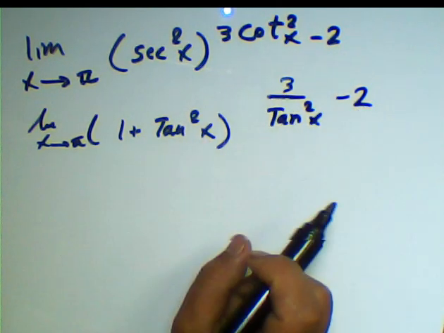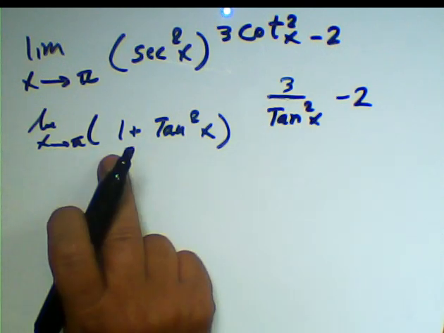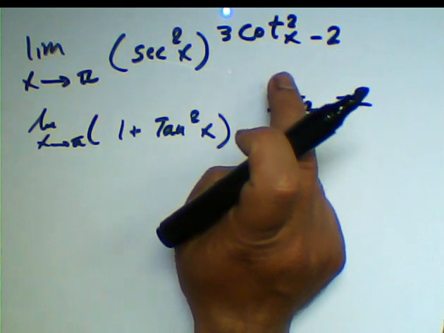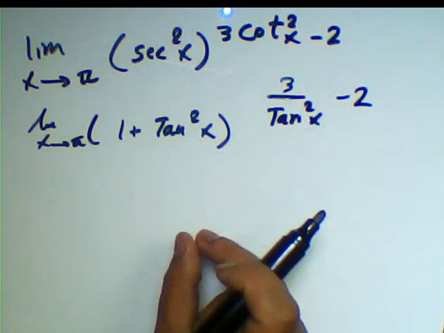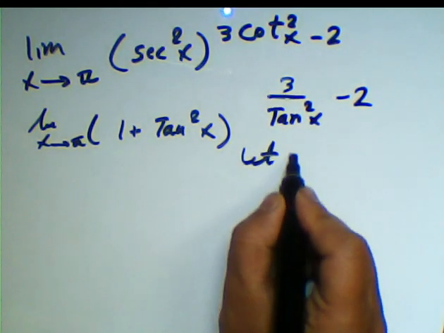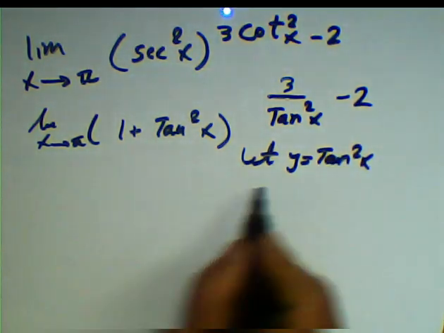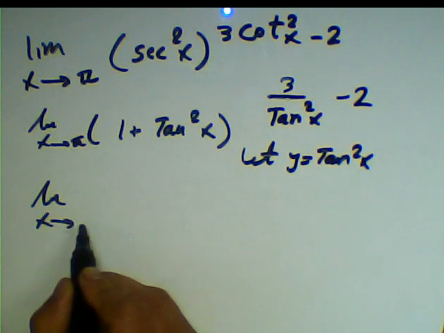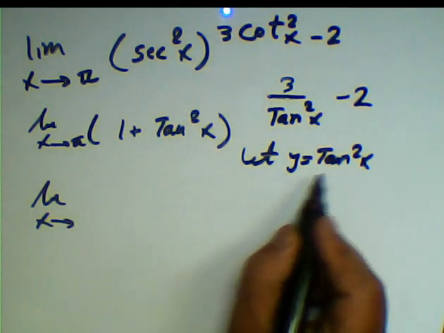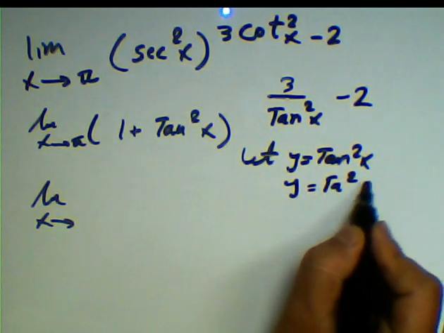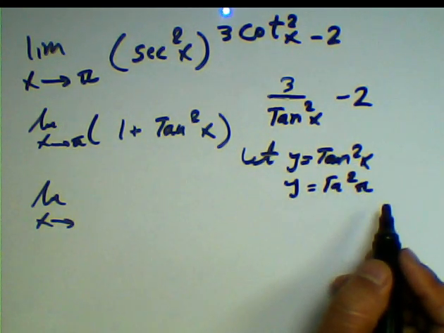It's the power of the base. This base is 1 plus y, such that the exponent is 3 over y minus 2. Let y equal tan squared x. Then, as x approaches pi, y, putting x equal pi here, will be tan of 2 times pi, which means 180 degrees.